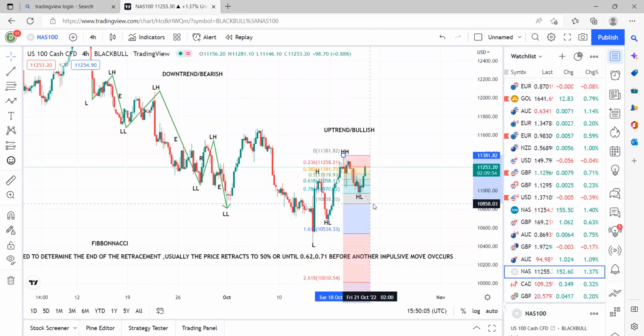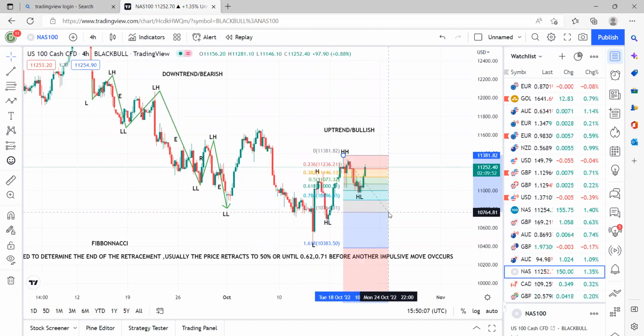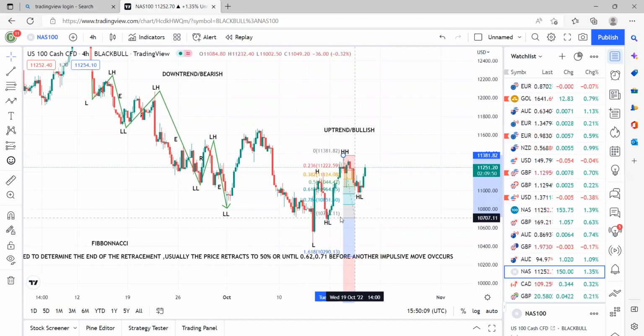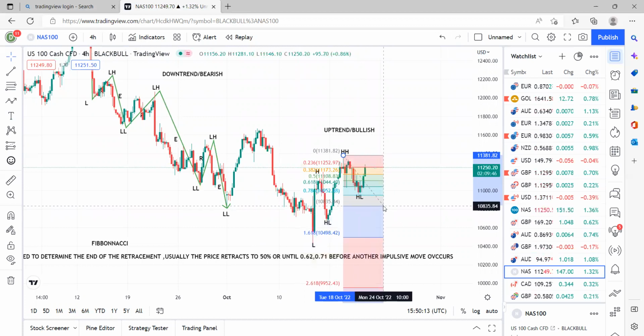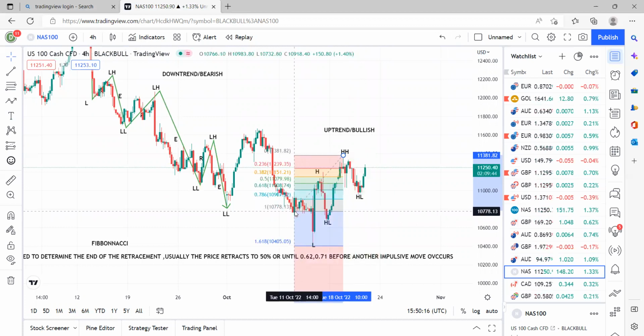So this is what we can do here, our highest point and our lowest point. Let me see if I put it this side where you can see it clearly. Is it fine here or this side?